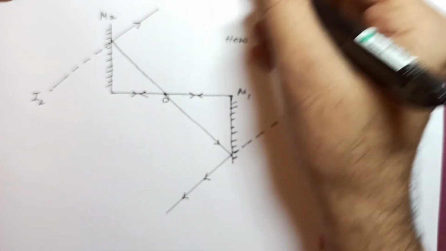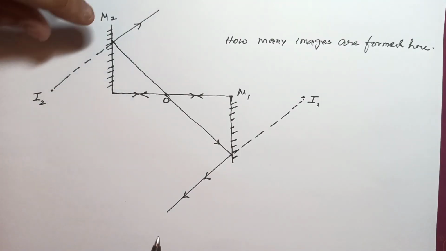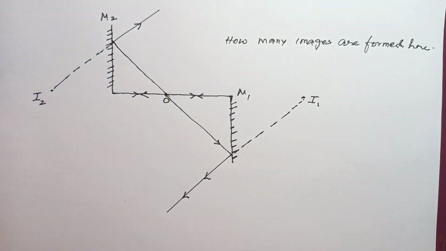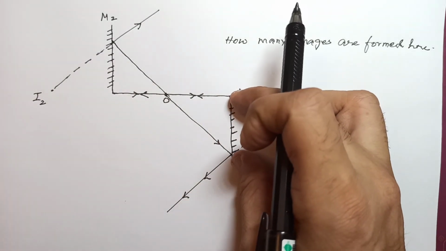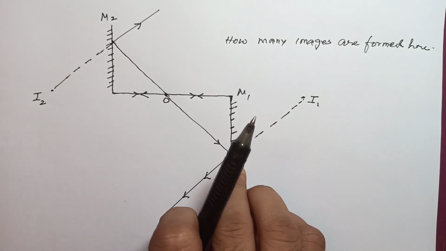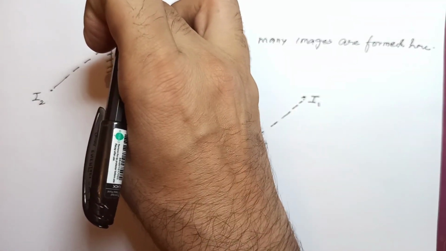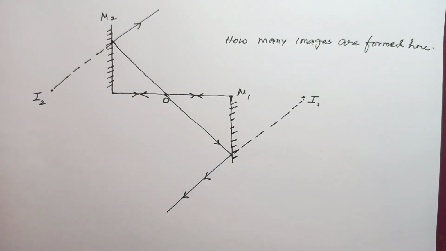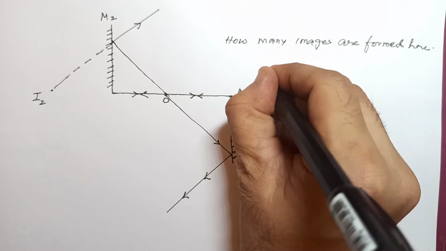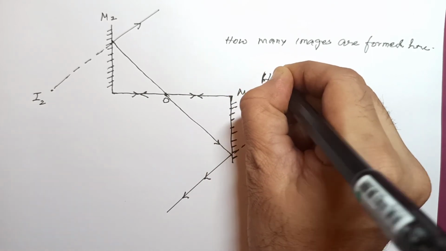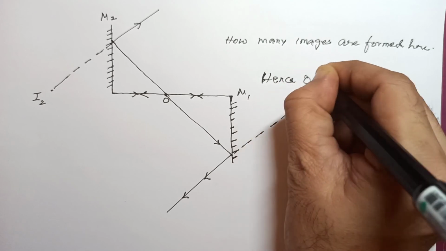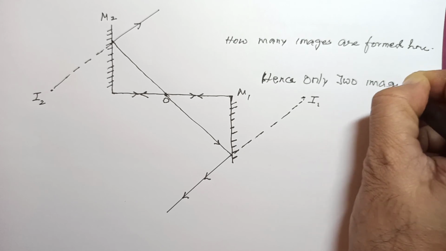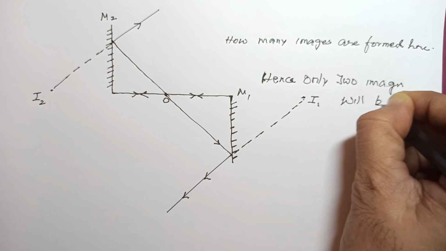Similarly, in this case, because the mirror is ending here and is confined to this place, this ray will never touch it again. Hence only two images will be formed.